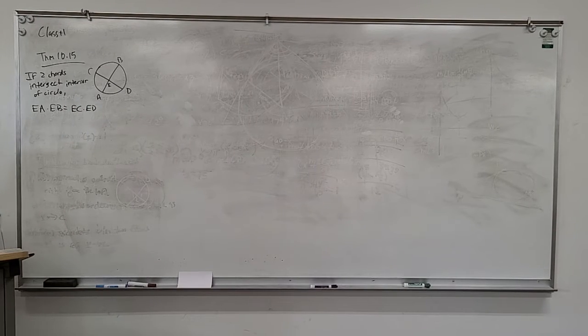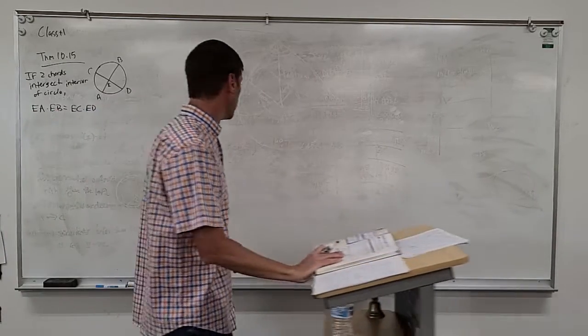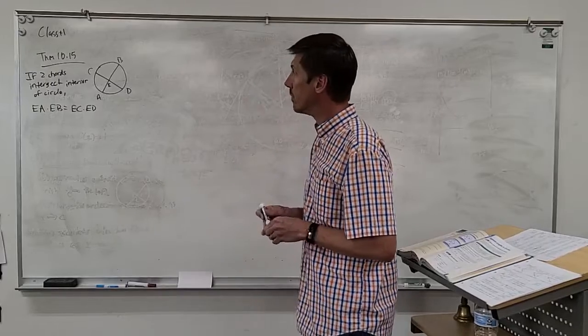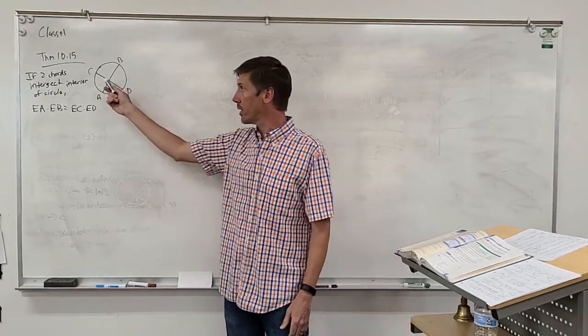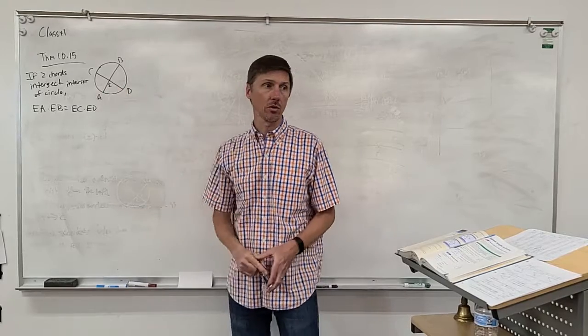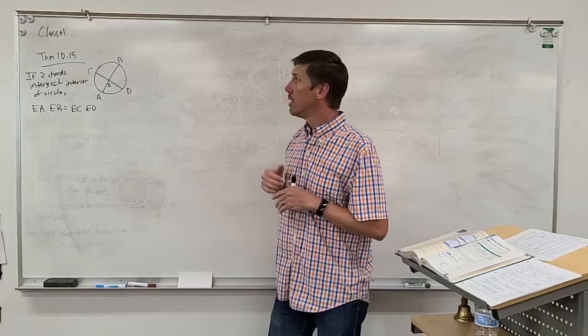That's right. So two chords, again, don't get confused. This is not the center point of the circle, right? We just have two chords that are intersecting somewhere in the circle.